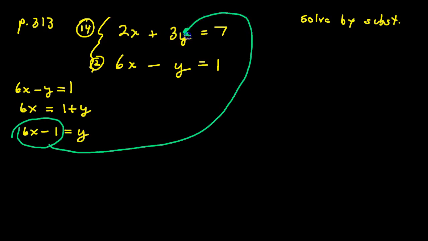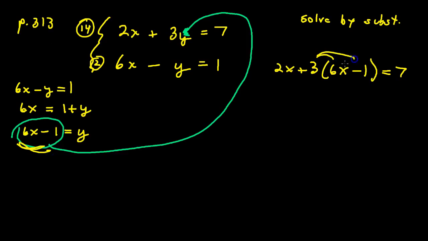All right. So let me go ahead and write that out. I'll get 2x plus 3 times (6x minus 1) equals 7, substituting this expression for y in the other equation.